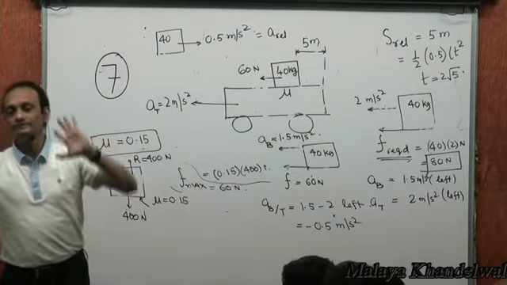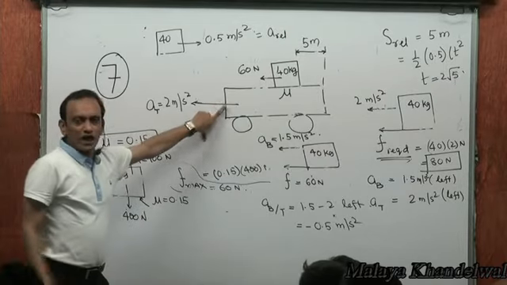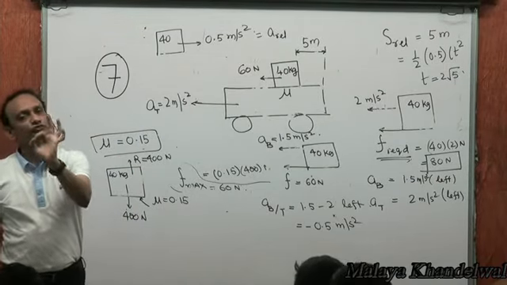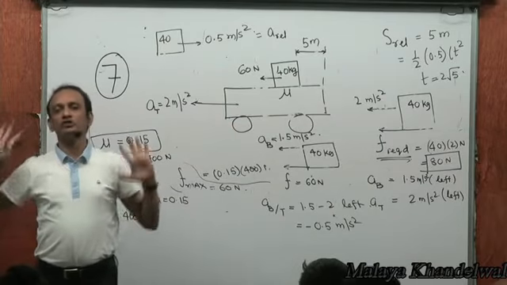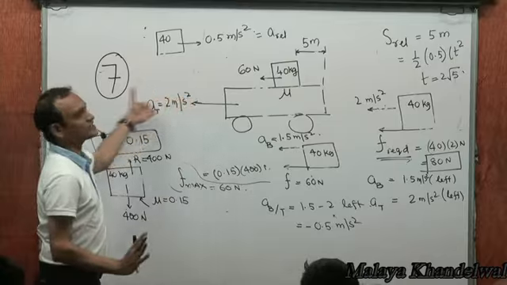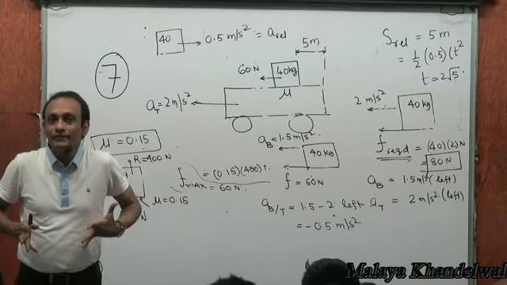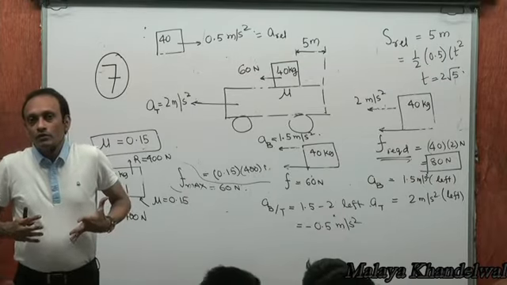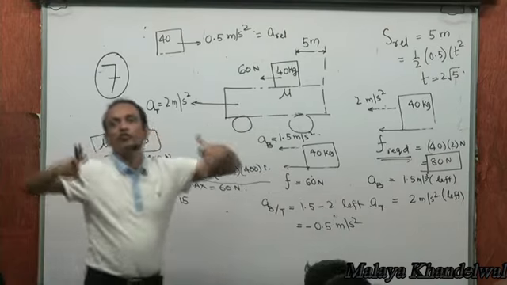Listen to me carefully. Understand the bigger picture. The truck is moving to the left with an acceleration of 2 meters per second squared. The block was peacefully resting on the truck. Now suddenly the truck has a leftward acceleration of 2 meters per second squared, and friction between the truck and the block gets invoked.